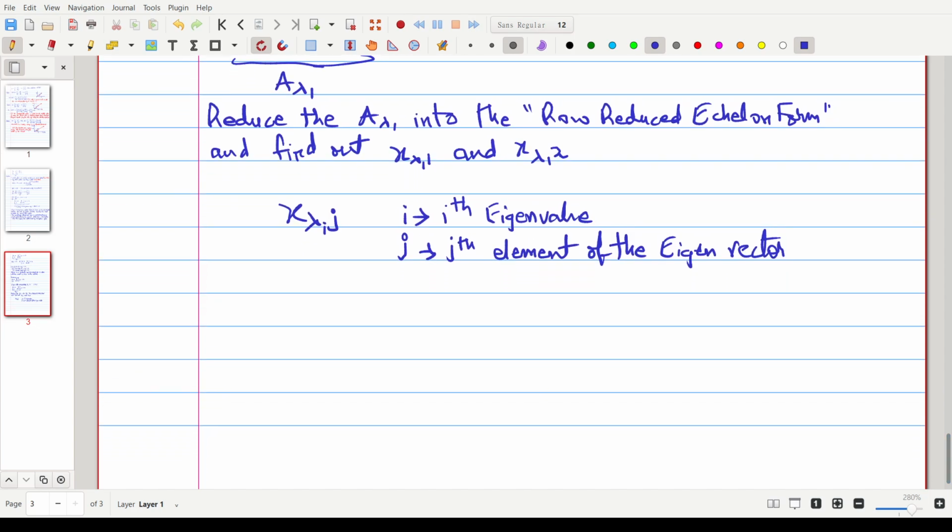This is the notation I am following. Let's go with this.